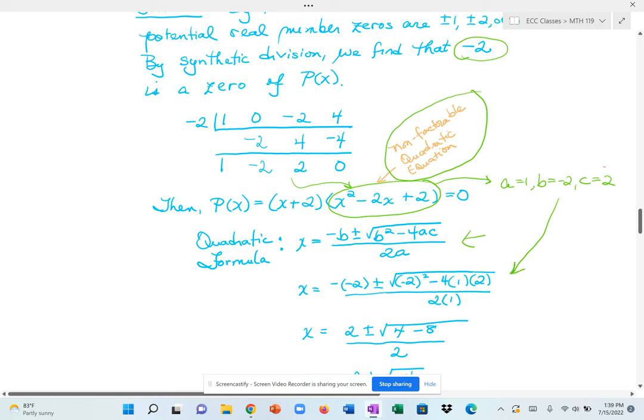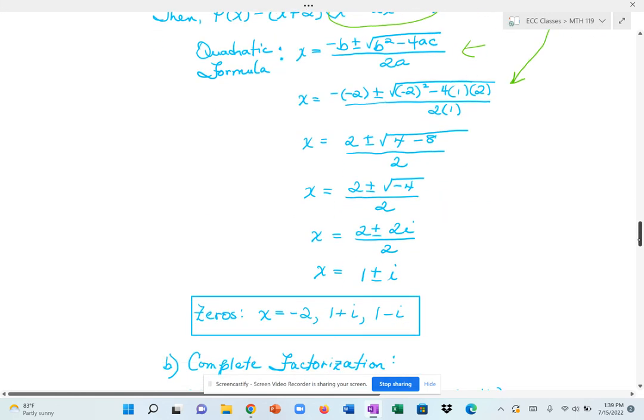And when you work that out, you get 2 plus or minus square root of 4 minus 8 over 2, which works out to be 2 plus or minus the square root of negative 4 over 2, which becomes 2i all over 2.